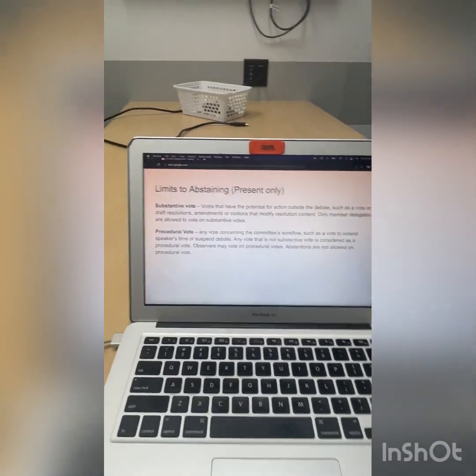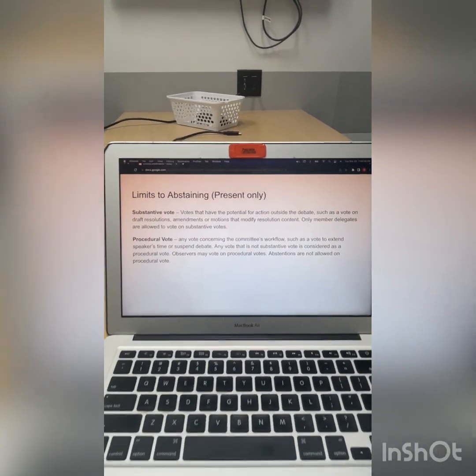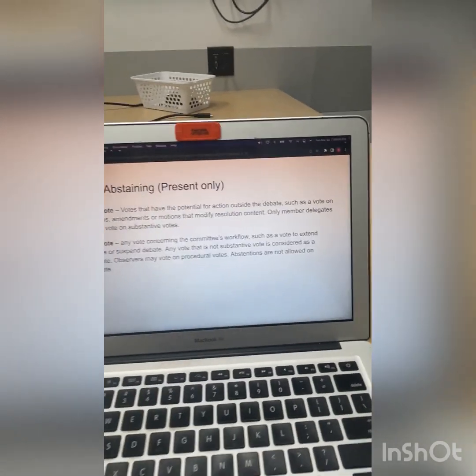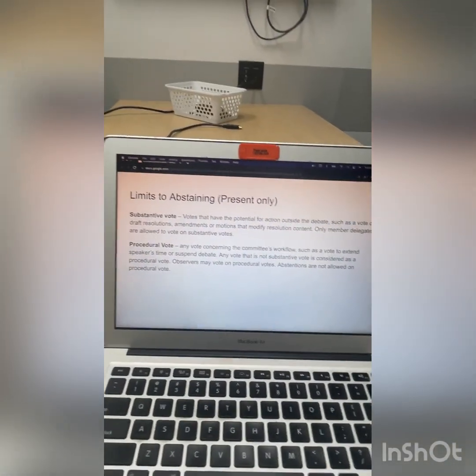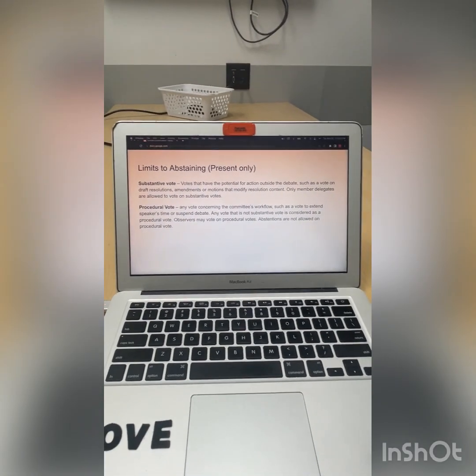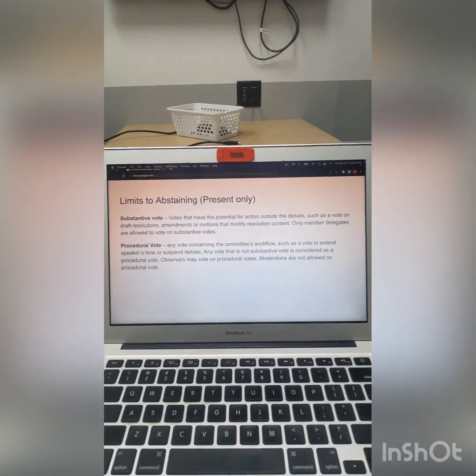So, limits to abstaining. This is for if you're present only. There are times where you do not want to vote, which are during the resolutions, but for procedural votes, you would have to vote because that's how the workflow gets done.